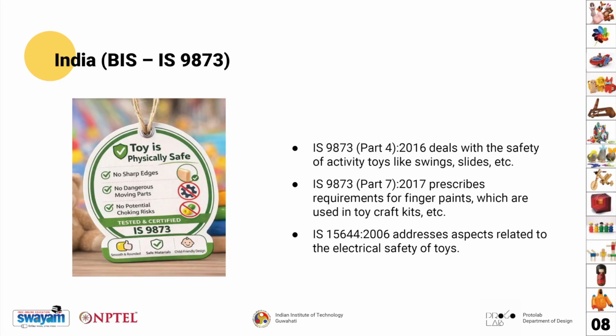Fourth is IS 9873 Part 5, Total Concentration of Certain Elements. IS 9873 Part 5 outlines procedures to measure the total concentration of 8 toxic elements such as lead, cadmium, arsenic, and mercury in accessible parts of toys.